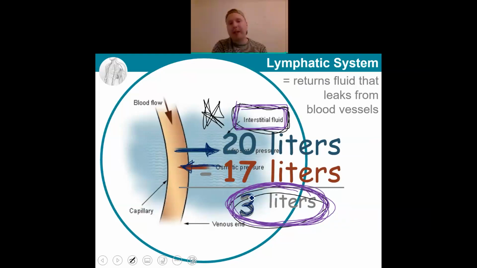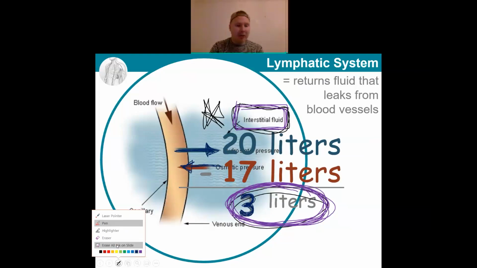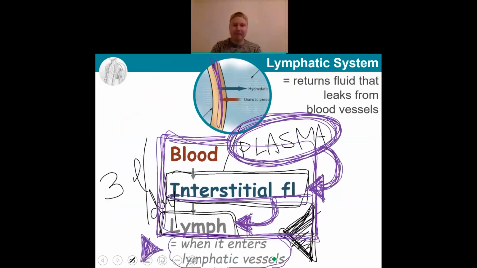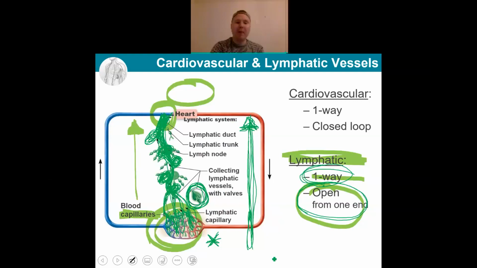Well, these extra 3 liters get picked up by the lymphatic system and carried by it until it gets to the subclavian ducts, and it dumps everything into the subclavian veins. So this is carried in another way. It was carried by this lymphatic system that was open from one end, carried everything. And once we get here, this connection, this was our subclavian.